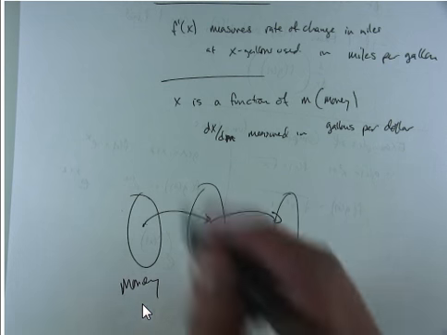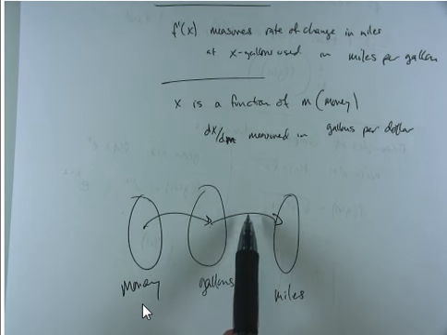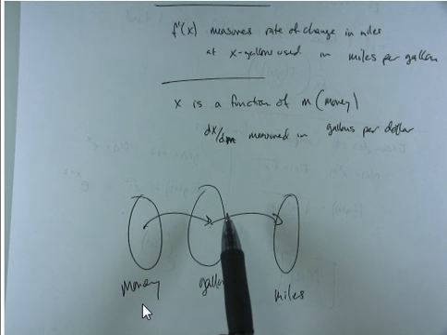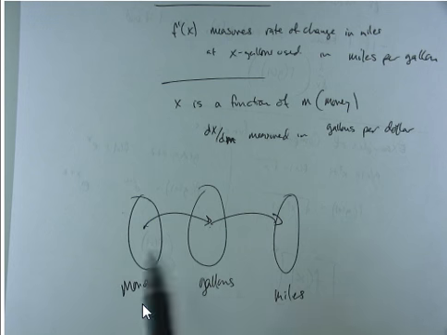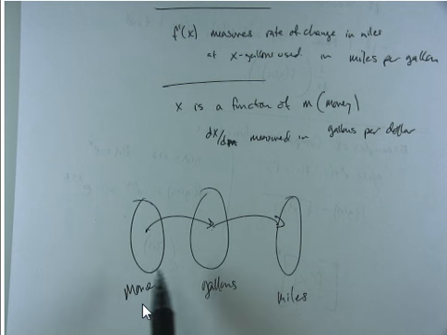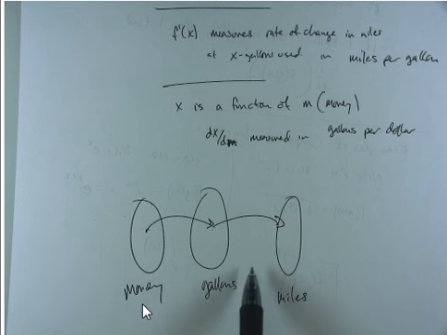These intermediate rates are easy for me to find, and I find them on average a lot of the time when I'm at the tank. Dollars per gallon or gallons per dollar is right there given to me, and miles per gallon I figure out on average.